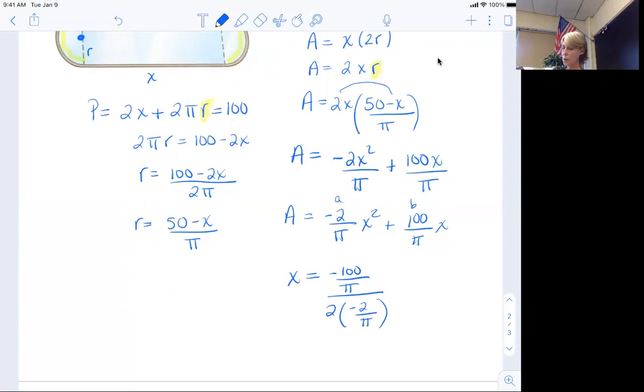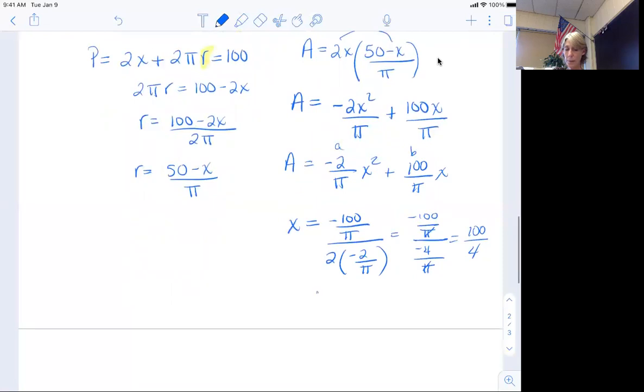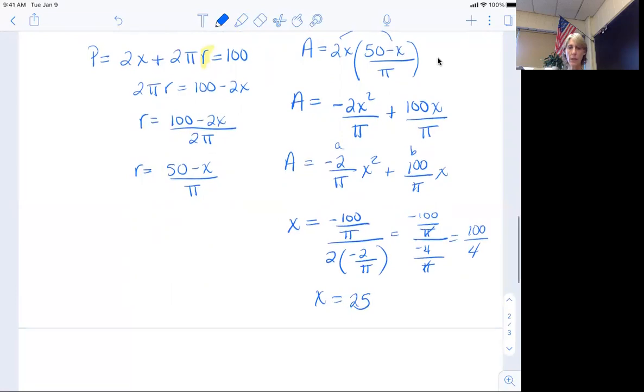And now notice, I have negative 100 over pi times negative 4 over pi. Your pi's are just going to cancel. And you really have 100 over 4, which is what? 25. I'm just going to give you a second there to check that out and look at that math that I just did.